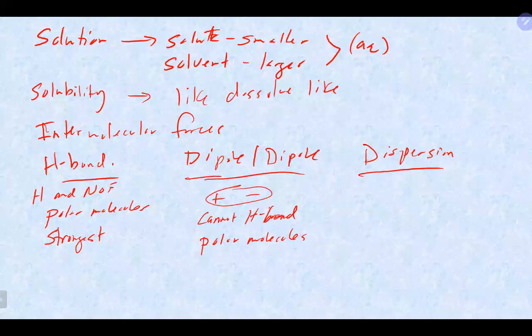Really the weakest out of all of them that we talked about is our dispersion forces. These are basically our non-polar molecules, which share their electrons equally. Because of that, they rely upon dispersion forces, which need something to occur.